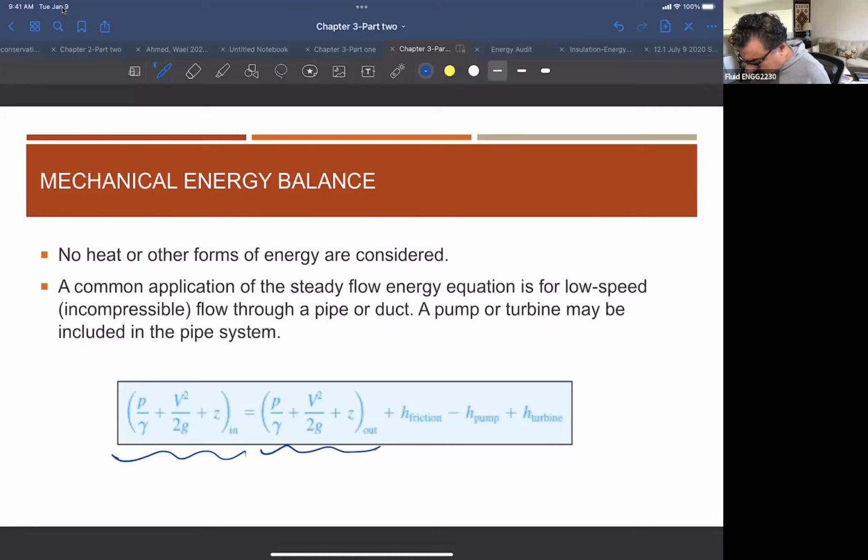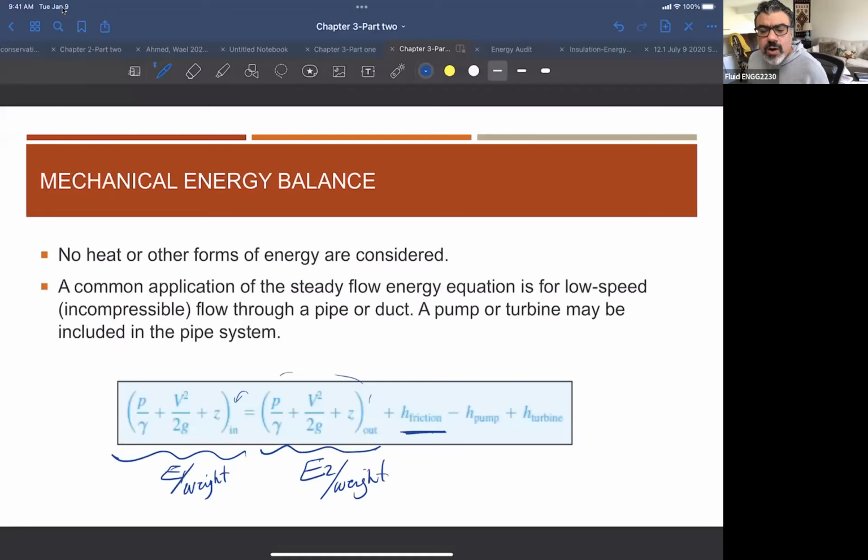This is the energy per unit weight at 1, and this is the energy at 2 per unit weight. If I put this on the other side of the equation, this minus this, the difference, will be the losses in the friction.